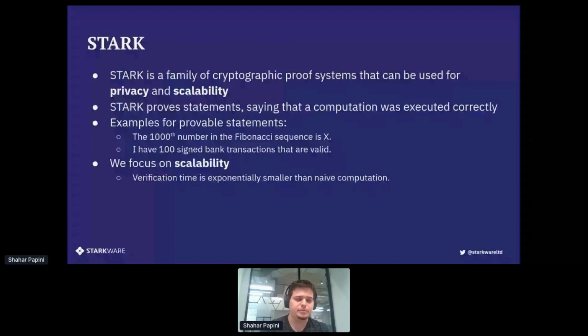Or another statement could be, I have these 100 signed bank transactions, and when I apply them one after the other on some specific state, they all turn out to be valid, and I get some other state at the end. At StarkWare, we chose to focus on the scalability part of Starks. A major reason for this is, first of all, Starks are very efficient to verify. Their verification time is exponentially smaller than naive computation of the same computation problem.